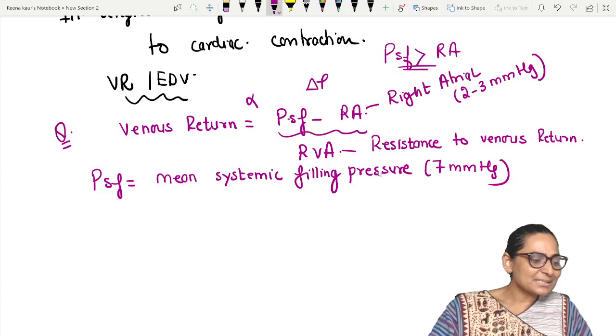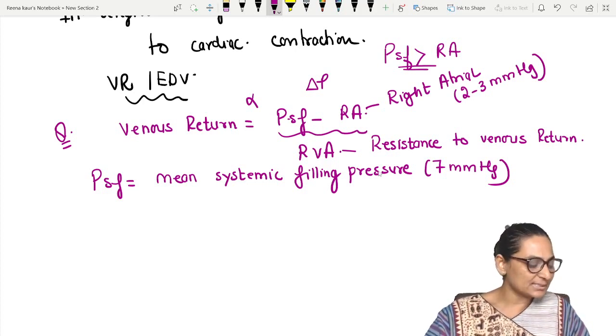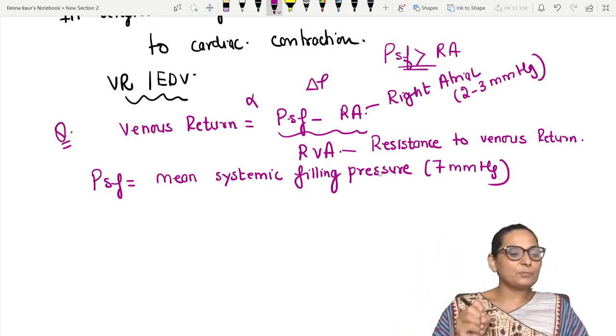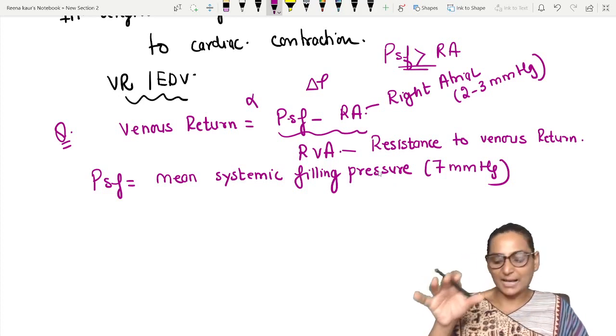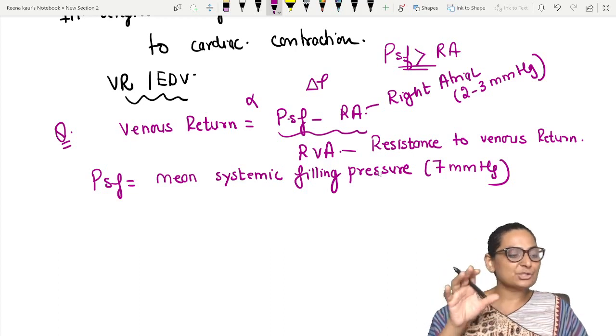Now this mean systemic filling pressure is actually, theoretically it can be measured everywhere in the systemic circulation. Suppose the entire blood flow in the vascular tree, हमारा vascular tree में, is temporarily stopped.